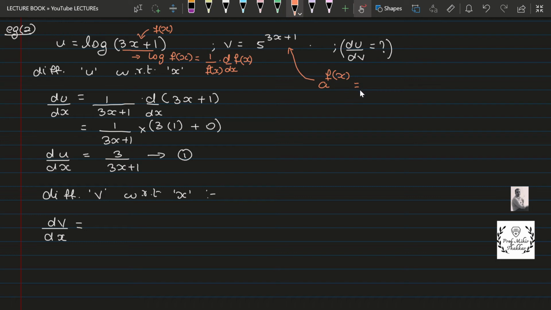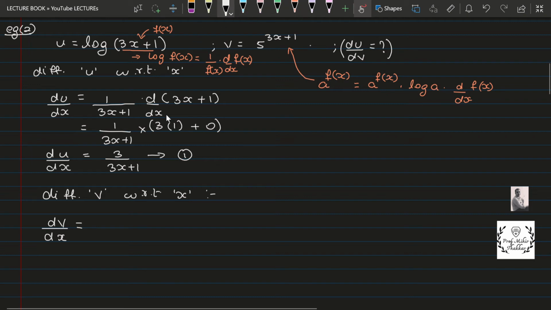So what is the answer for a raised to fx? It is a raised to fx multiplied by log of a multiplied by derivative of fx.